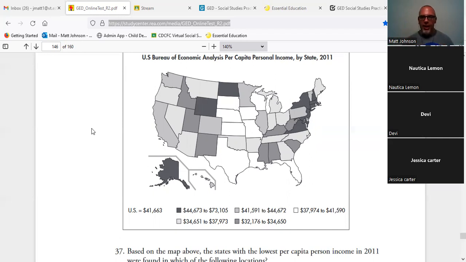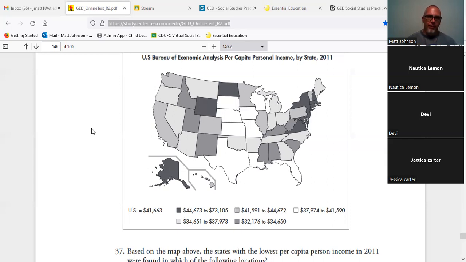So the dark gray is 44,000 up to 73,105. You would think the next color would be the next shade down, but they've kind of mixed it up here. You don't have a gradation as it goes along. It's sort of hit and miss. But you can definitely see in the map legend what that means.